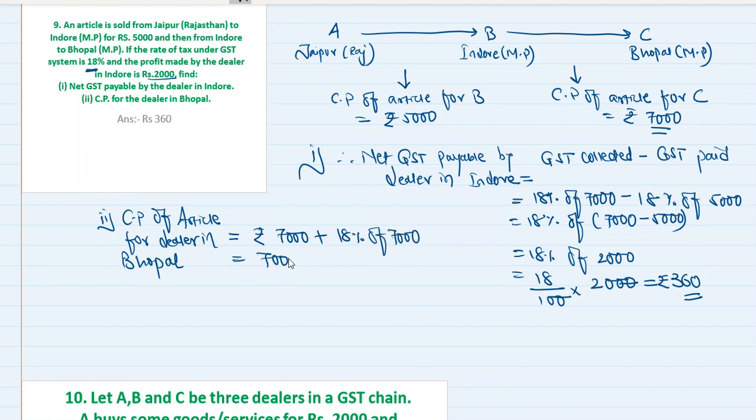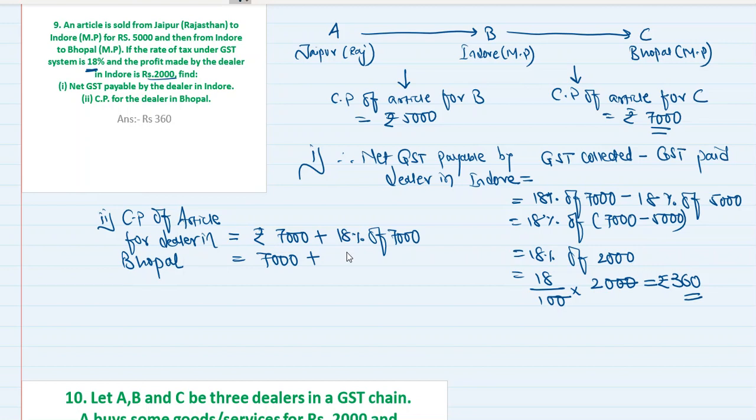So 7,000 plus, let's find what is 18% of 7,000. 18% of 7,000 will be 18 divided by 100 multiplied by 7,000. So two zeros will cut and we'll have 18 multiplied by 70.